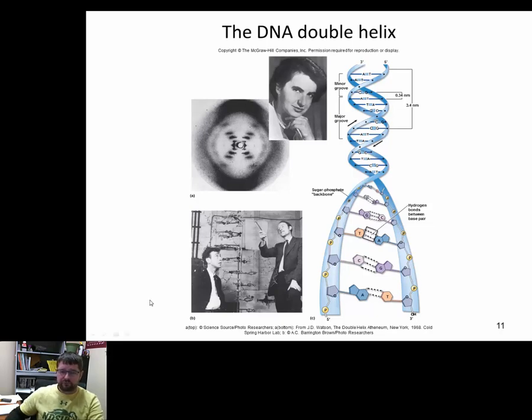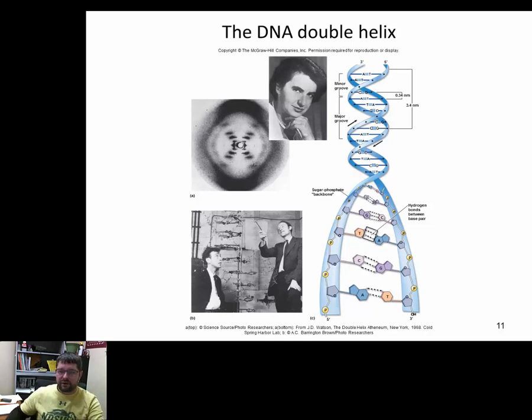So Francis Crick and James Watson are the individuals that are most noted for the shape of the double helix. Maurice Wilkins also won the Nobel Prize with them, okay? And that is kind of where we're going to end when it comes to DNA structure.